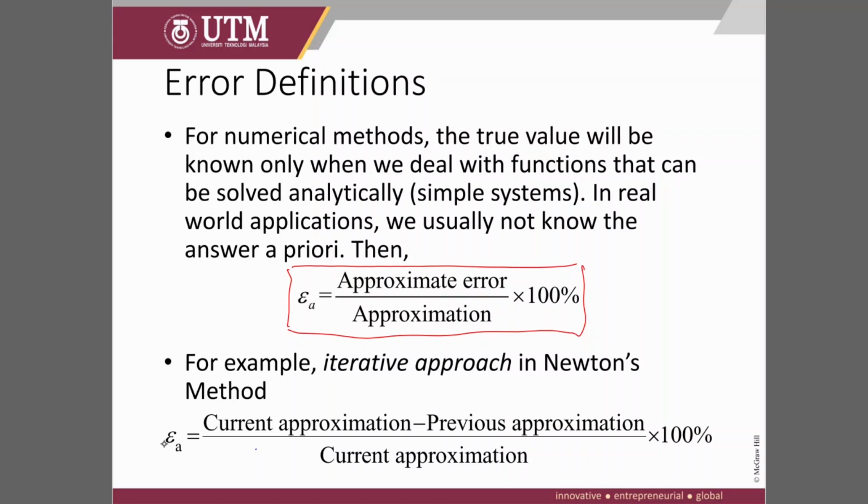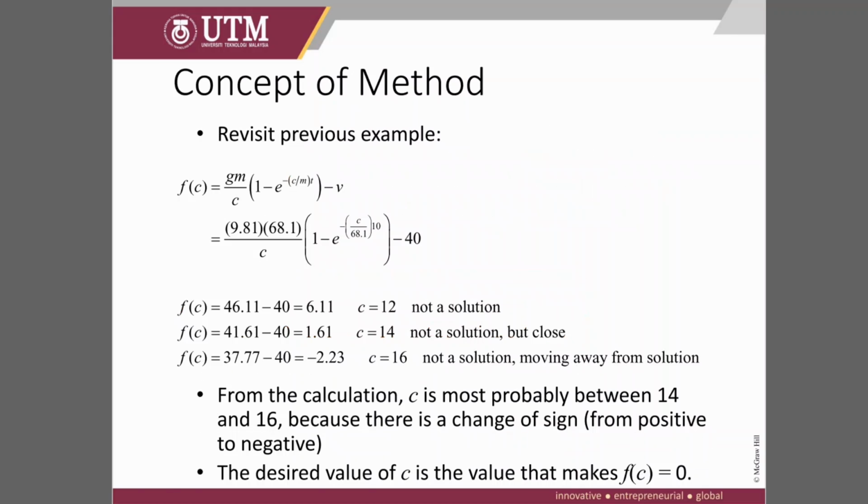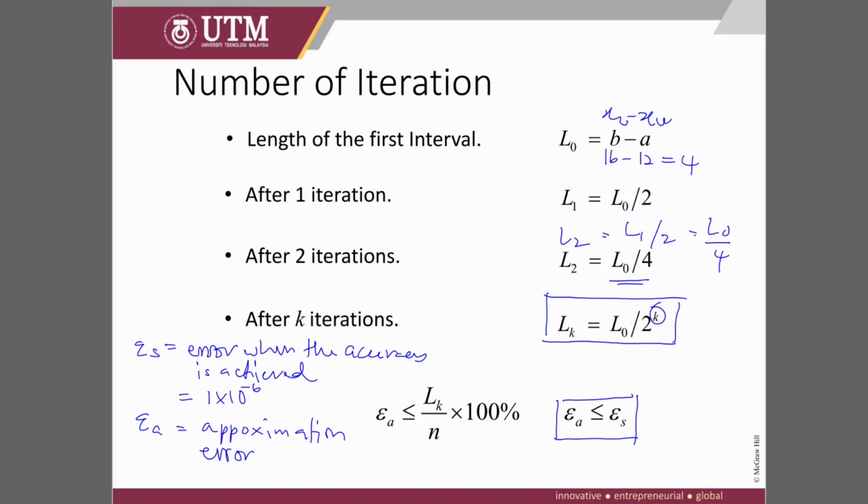And our calculation will stop when this is achieved. We need to keep calculating until EA is less than 10 to the minus 6. Let's take a look at our current position now.